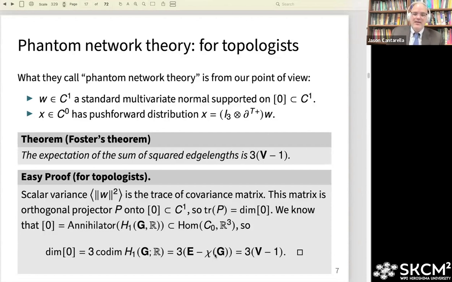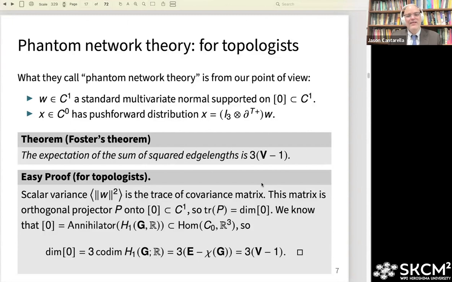And so substituting that in, we get the result that this dimension is 3 times V minus 1. Of course, that's Foster's theorem. So it's a very short proof if you know all this sophisticated machinery. If you don't, there are various proofs involving carefully summing and using linear maps and so forth.